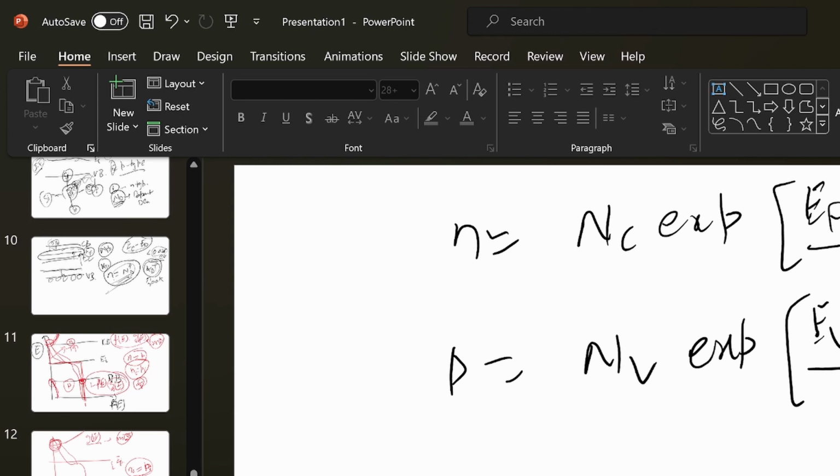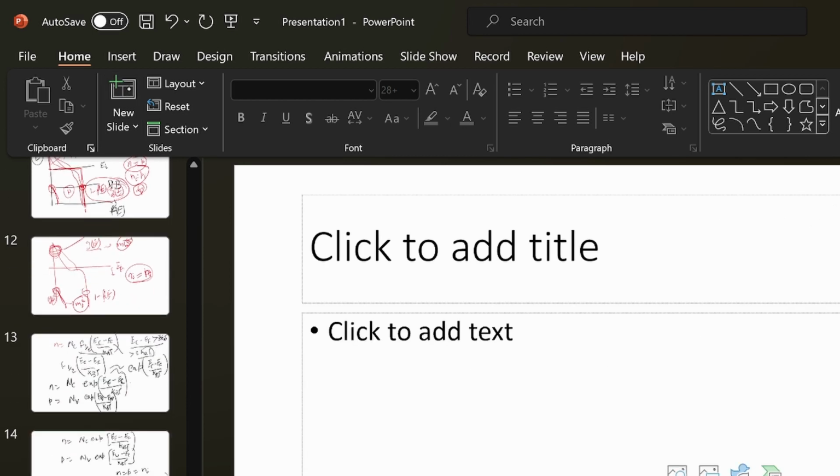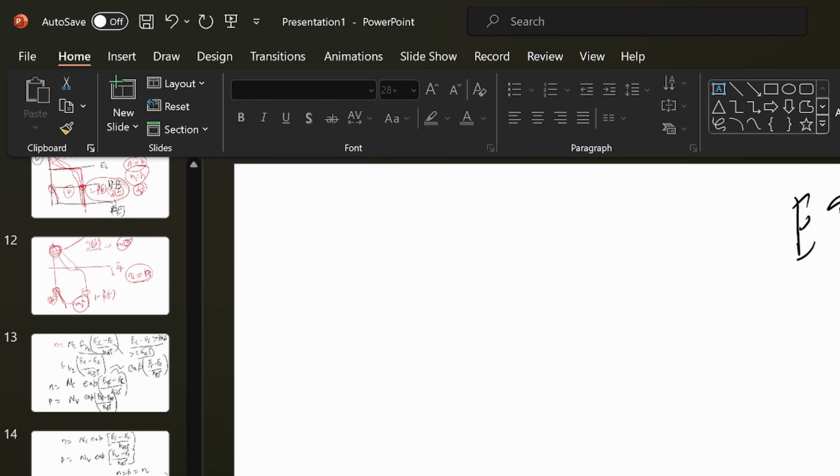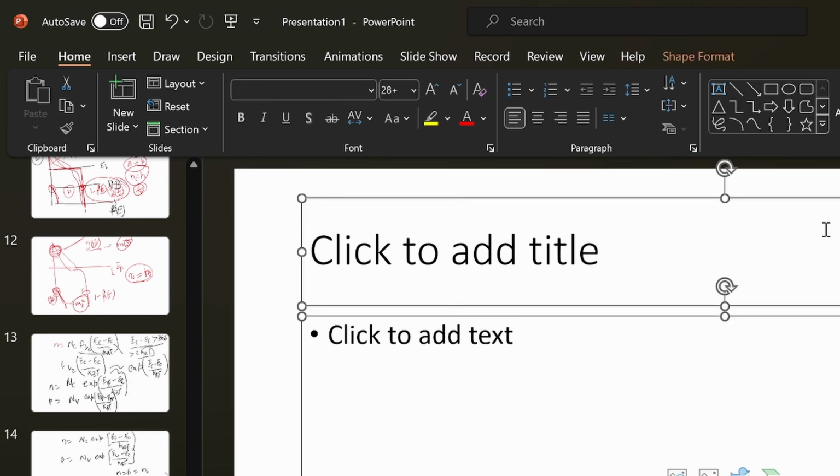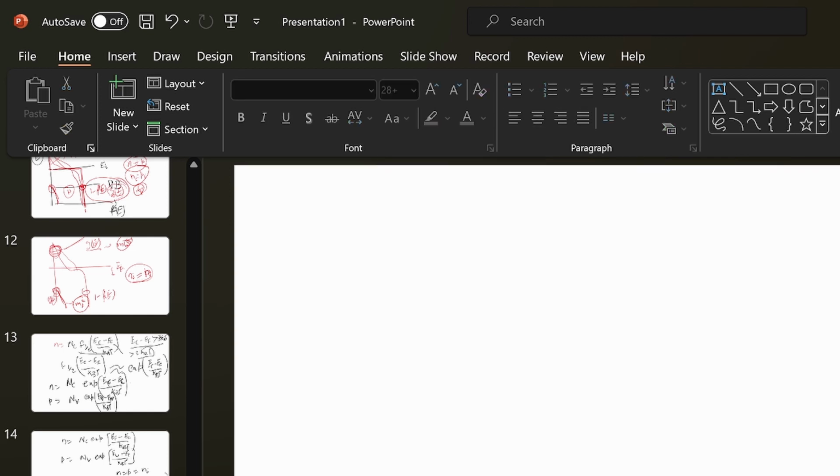Whatever is in the exponentials will add up.